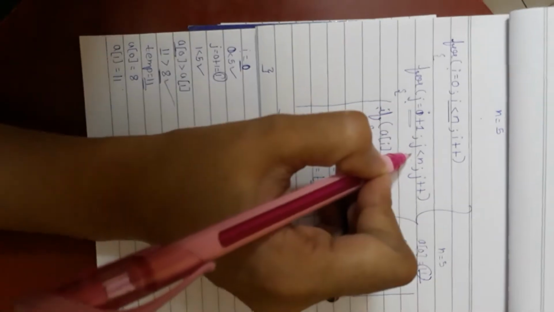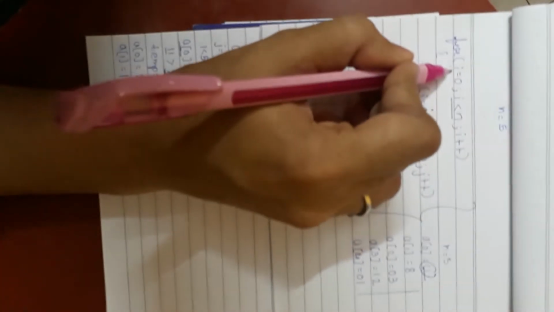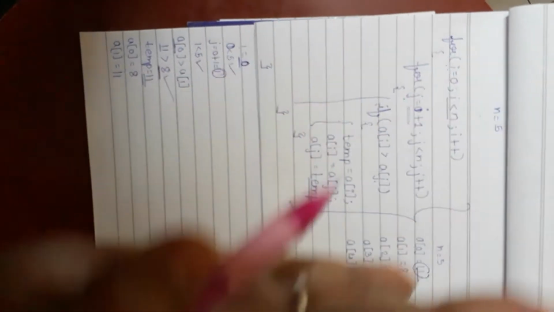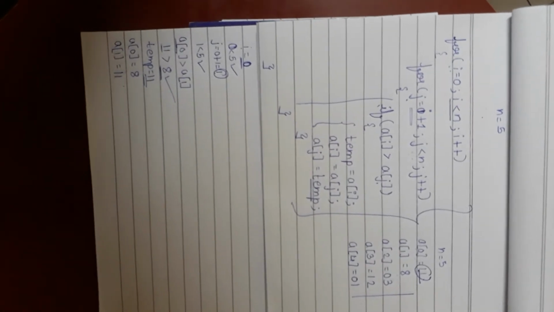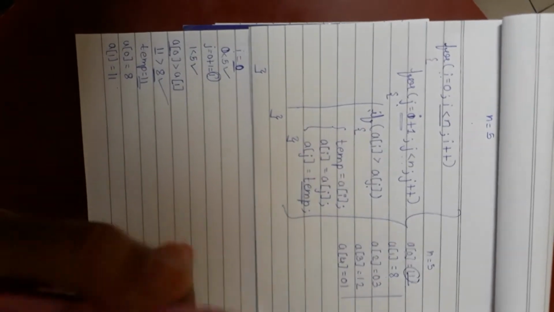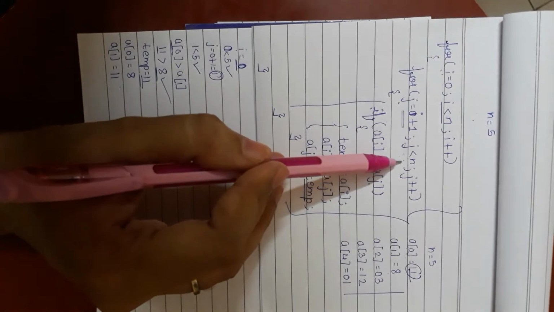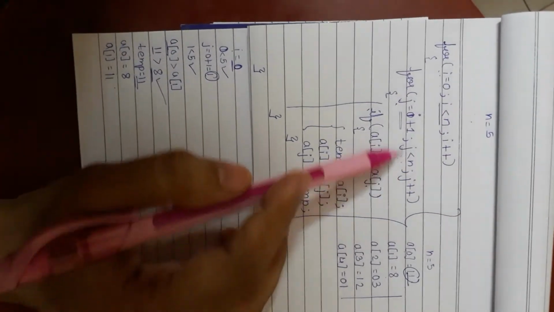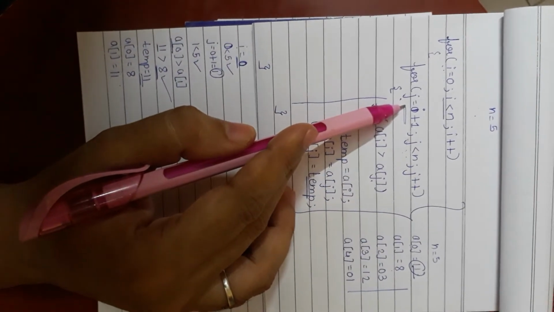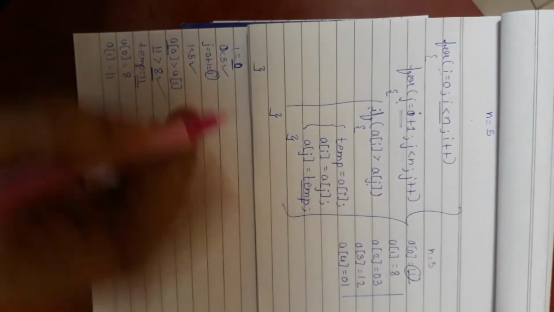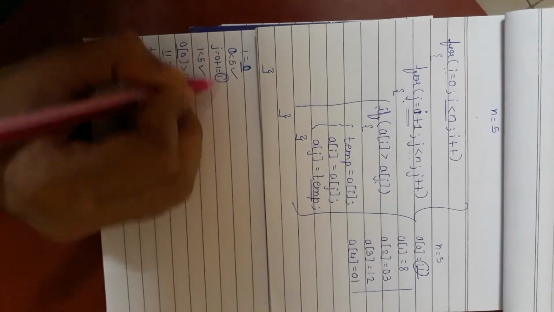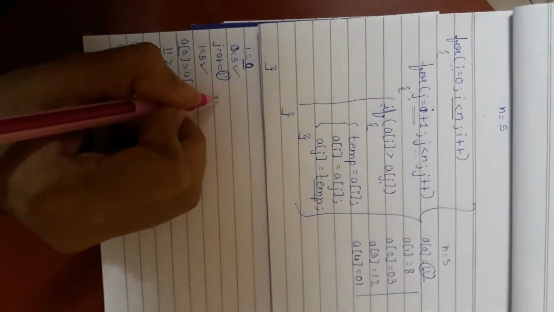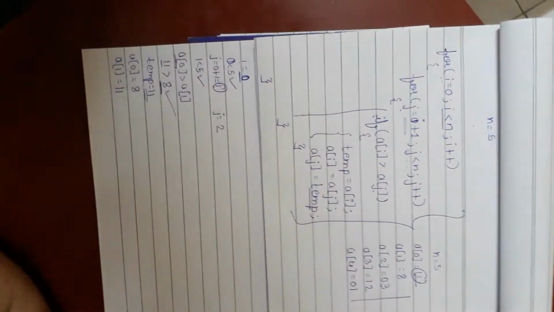If this condition is false, then and only then the outer for loop is going to increase. This is the basic rule for a nested for loop. Until the inner for loop's condition becomes false, the outer for loop will not increase. So now currently we are present inside the j for loop. Because of j plus plus, the value of j will increase. That is, j was 1, so now the value of j will be 2.